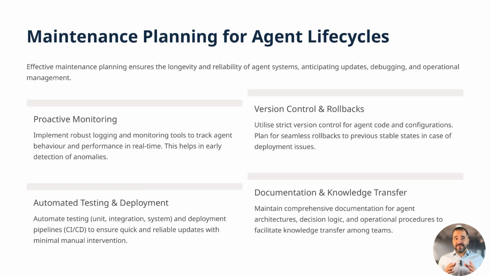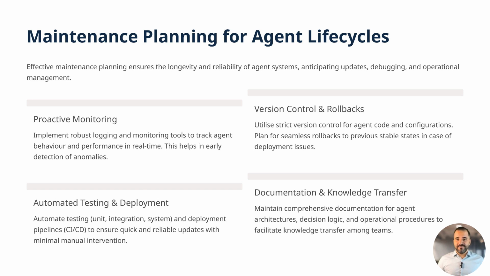Effective maintenance planning ensures agent systems remain reliable and minimize downtime by integrating disciplined configuration management, automated delivery, comprehensive documentation, and proactive evaluations. Central to this approach is strict version control paired with seamless rollback procedures.